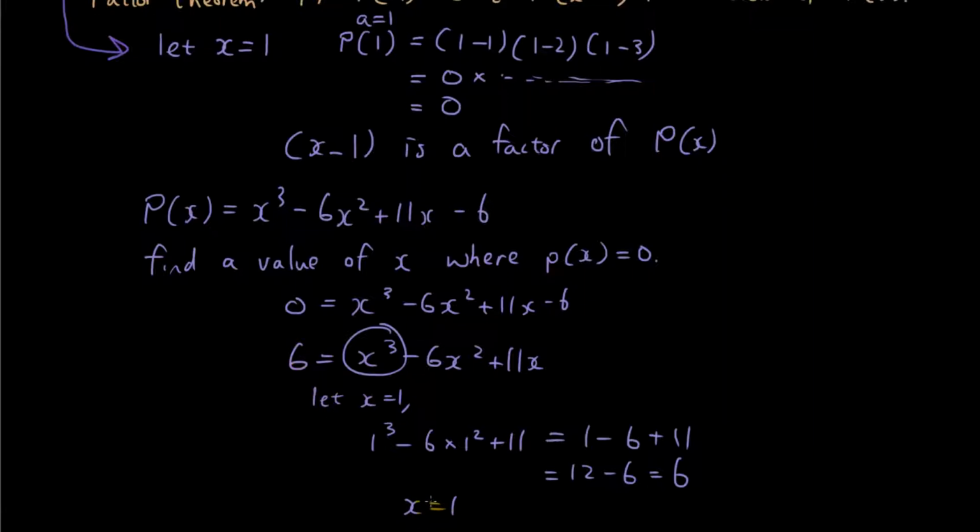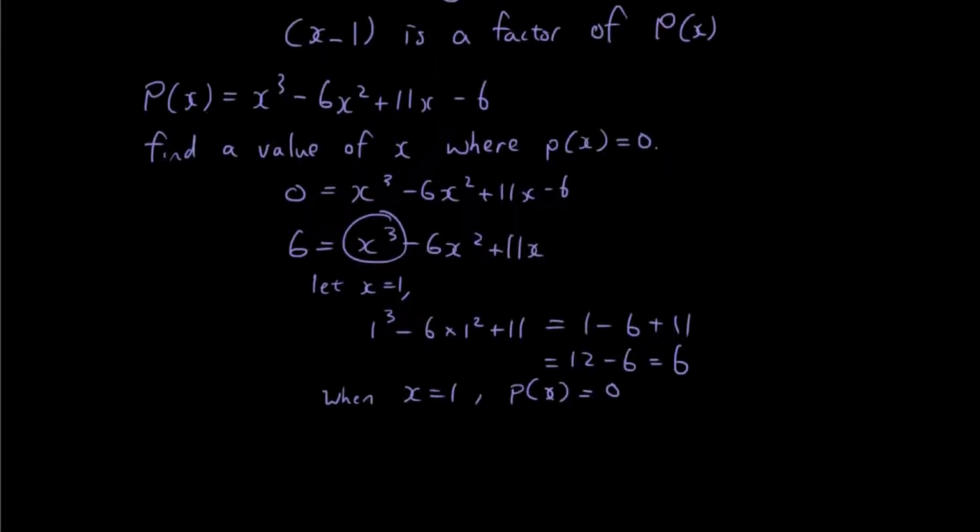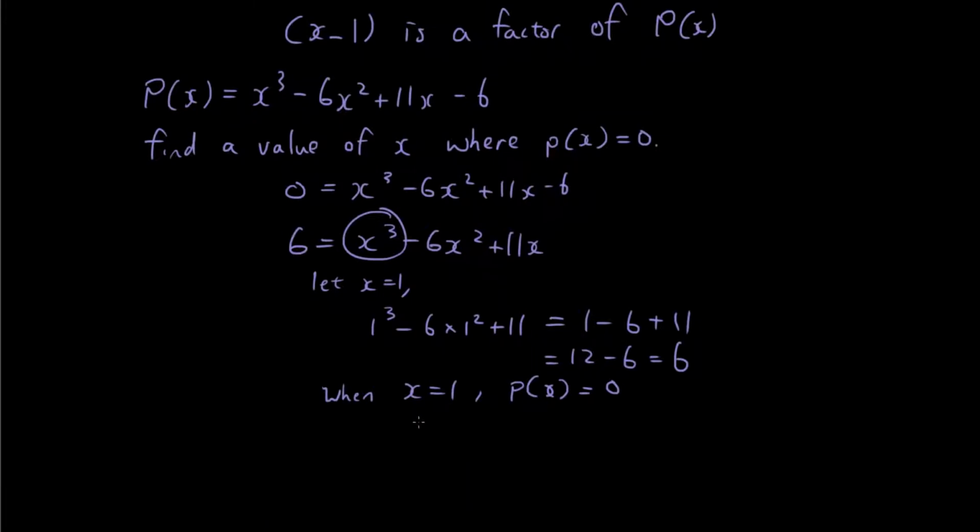So when x is equal to 1, the polynomial of x is equal to 0. So therefore you can say that x minus 1 is a factor of p of x, right?